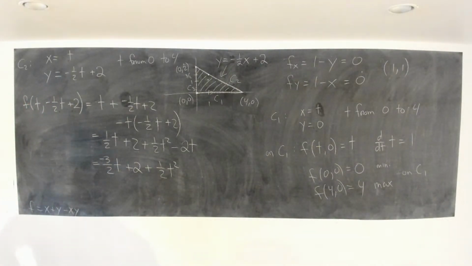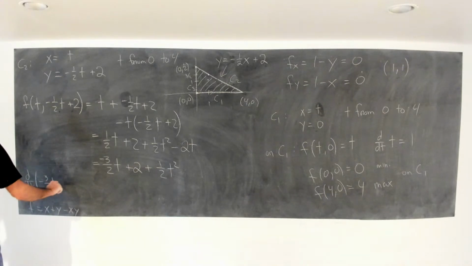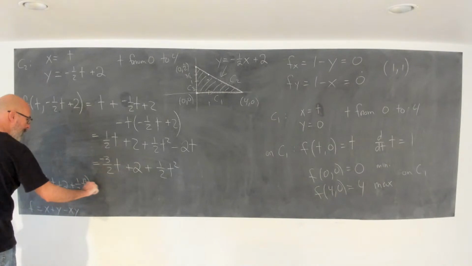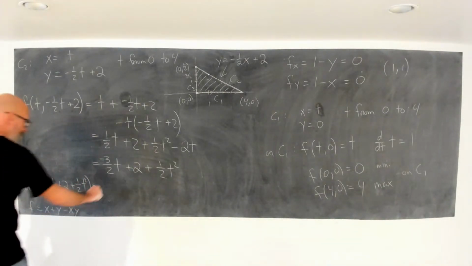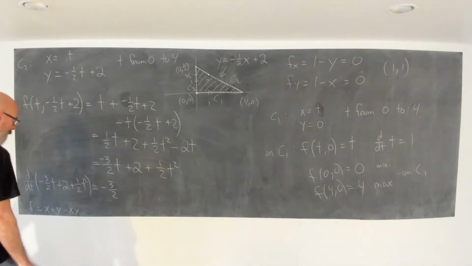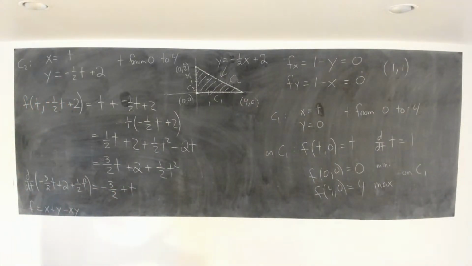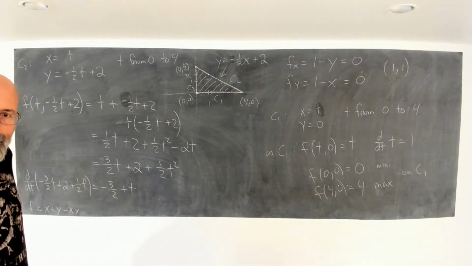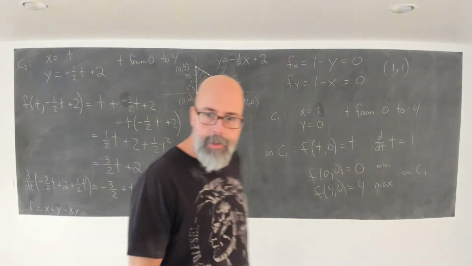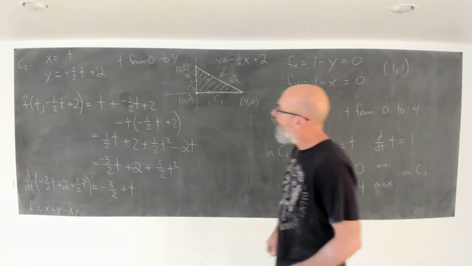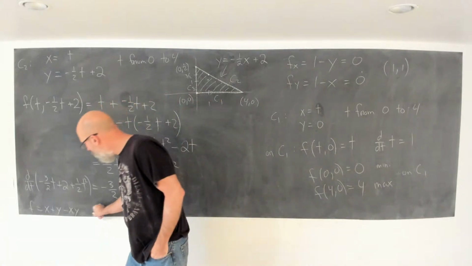Let's take the derivative of this. That is minus 3 over 2 plus t. Critical points. Why is it t plus minus 1/2? Well, this is my function.